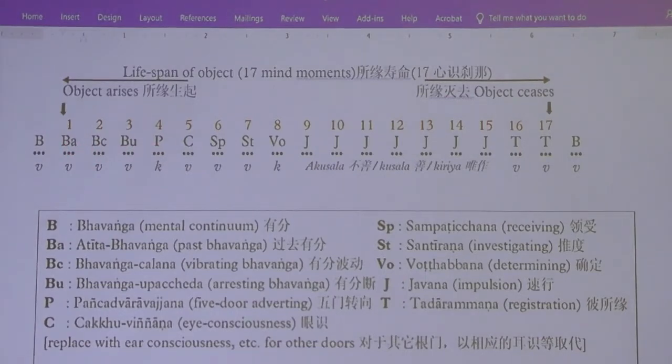After that, the five-door adverting consciousness, eye consciousness, Sampaticchana, Santirana, and Votthapana, also wise attention. Then the Javana is Kiriya, functional. Javana is only Kiriya, no wholesome, no unwholesome, for the Arahat. After the Javana, 2 registration minds.